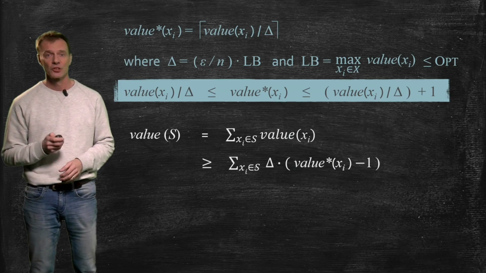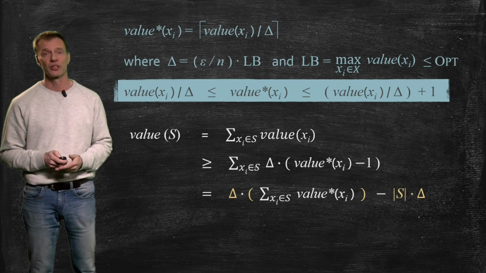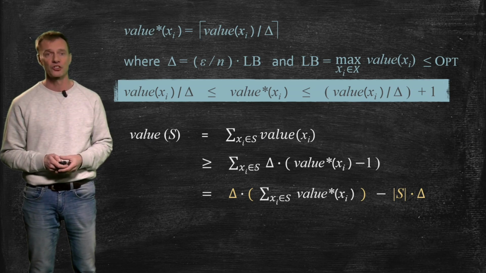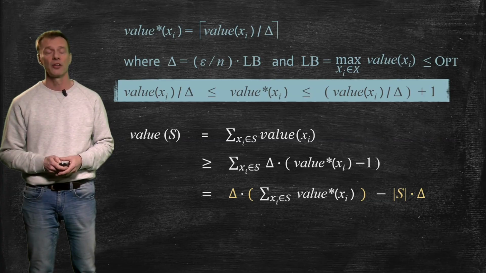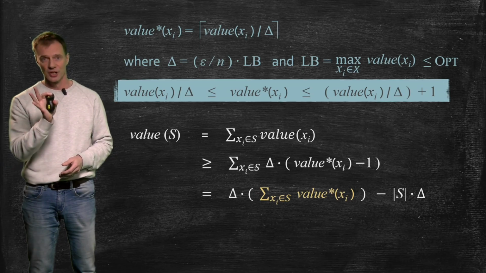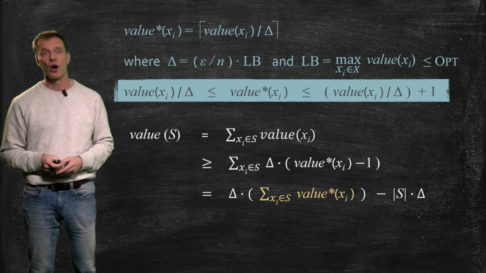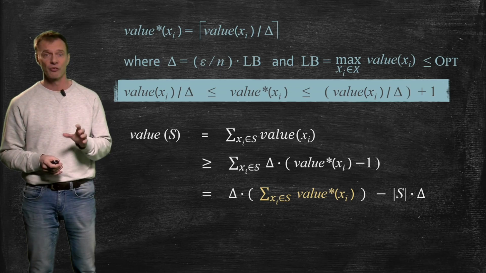Okay, now let's look a little bit more at this formula and simply rewrite it. We can take the delta out of the sum, and the minus 1 we can also take out of the sum, and then we get this. Now let's look at it in more detail. What you see in yellow is the sum over all items in S of value star of that item.